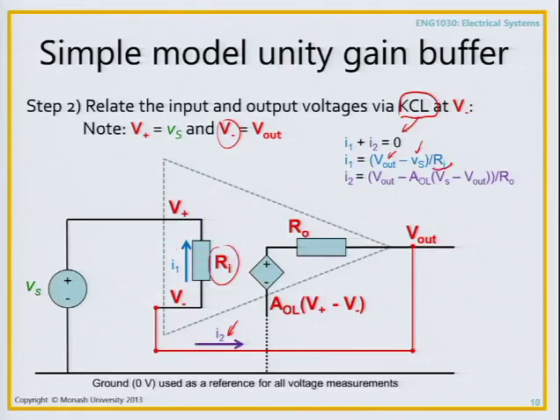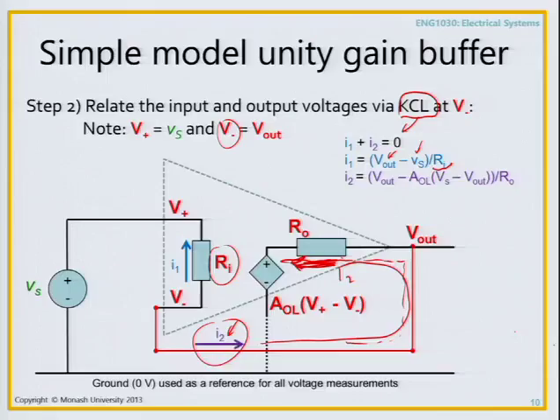What's I2? Well, I2 is the current going the other way, and that would be the current here, and that flows all the way through here, through this resistor RO, right? So that's I2 there as well, because that's all one current. So what's that?